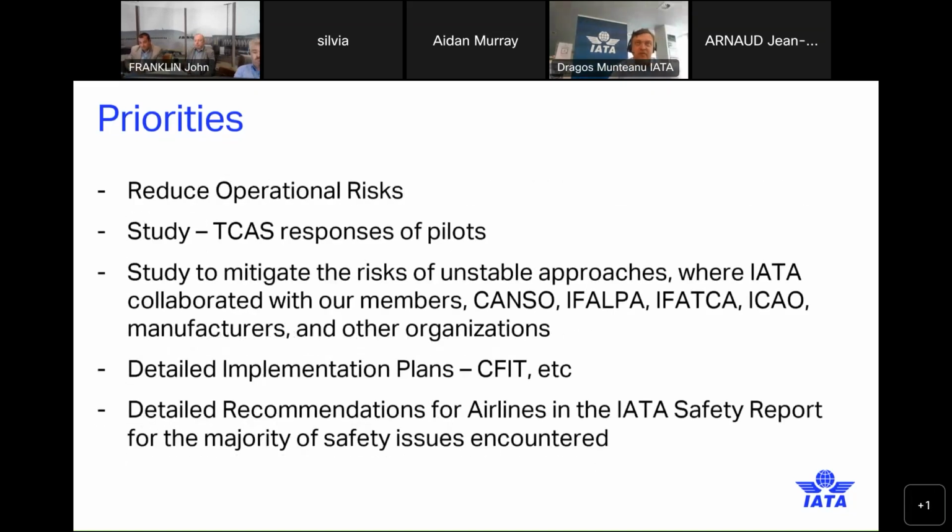So basically, there are still a lot of tools available for the airlines if they want to tackle all these safety issues that seem to always grow in terms of numbers and complexity. So, for instance, for their own SMS, IATA has a lot of resources that we make available on our website. And I will give an example.